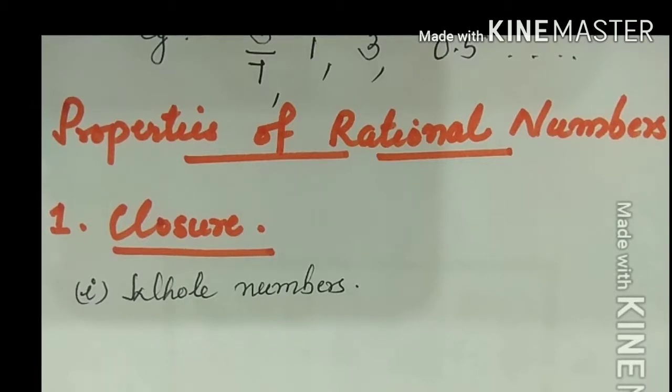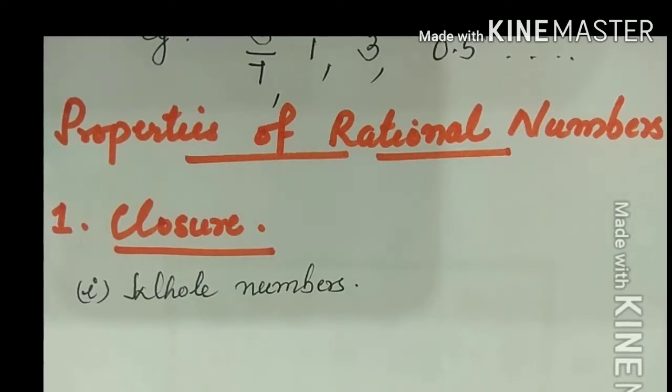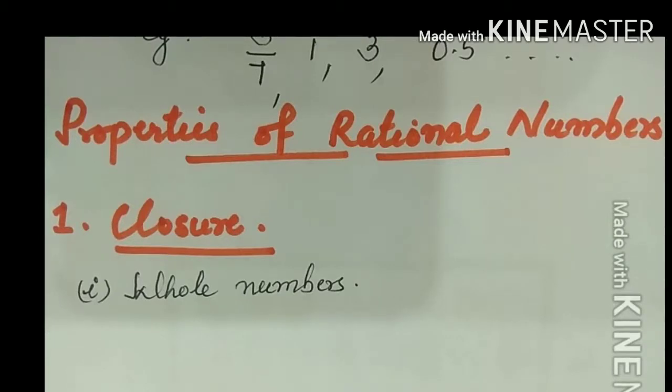You know that there are 4 fundamental operations: addition, subtraction, multiplication and division. These are the 4 fundamental mathematical operations. We're going to verify closure property for these fundamental operations for whole numbers.